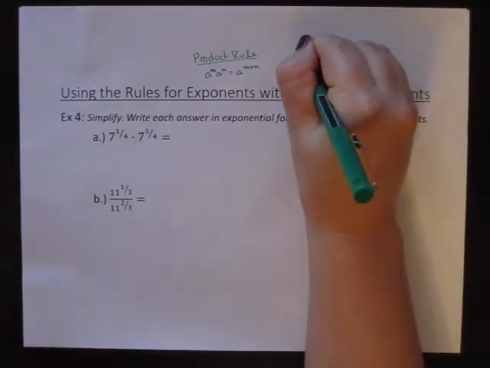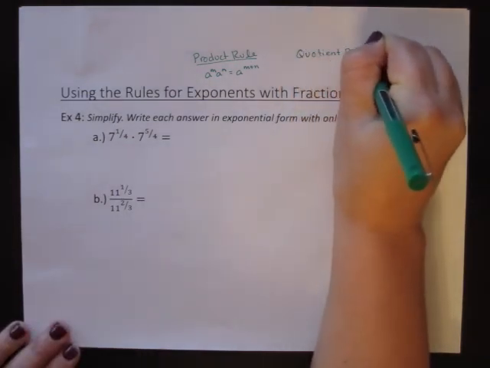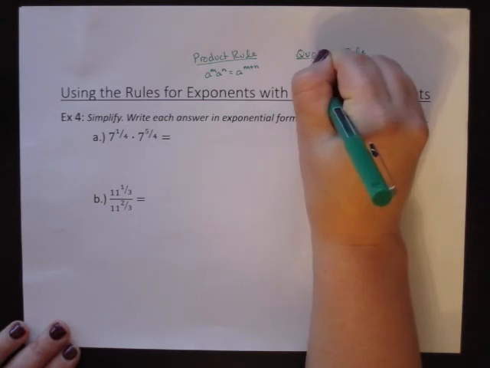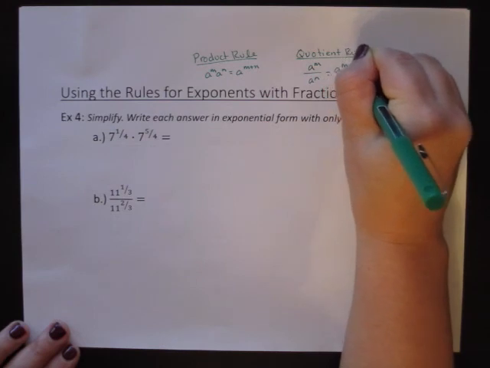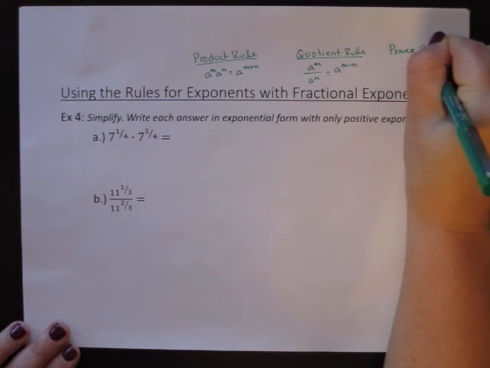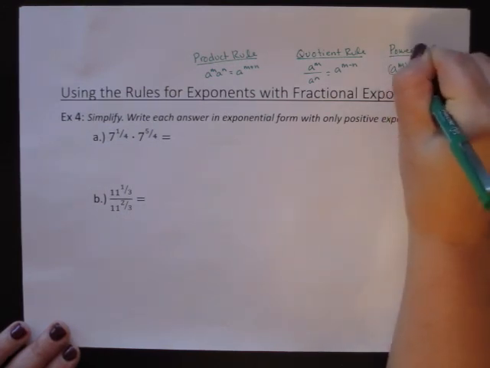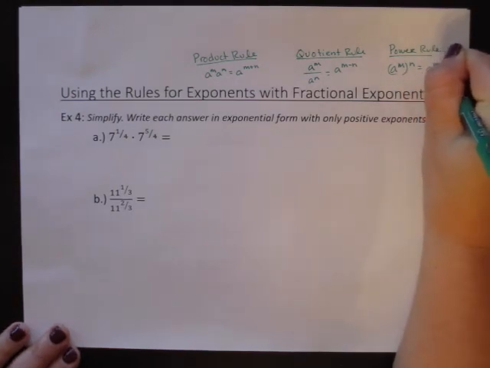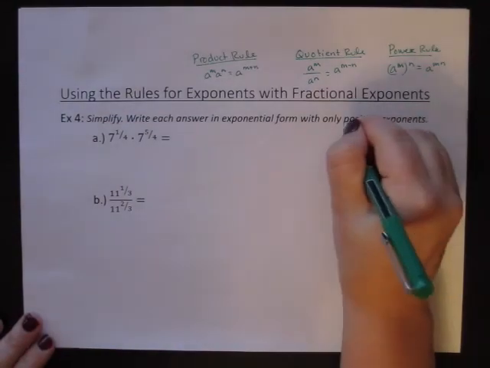We're going to use our quotient rule, which is when we have a to the m over a to the n. We keep the base and we subtract. Or we're going to use our power rule, which is a to the m raised to the nth. That'd be a to the m times n, because we multiply the two. We're going to use those rules when we're simplifying. So we're going to write each answer in exponential form with only positive exponents.